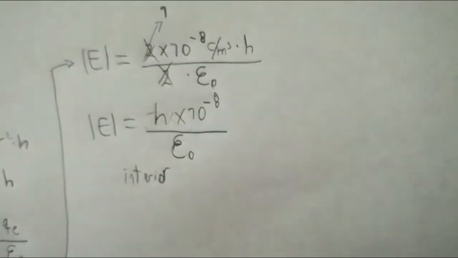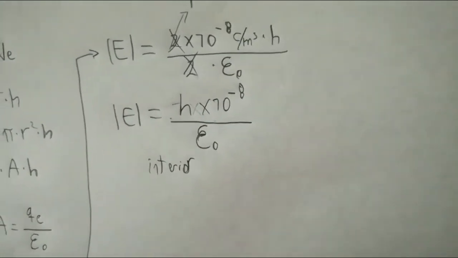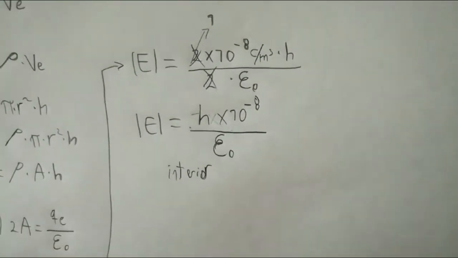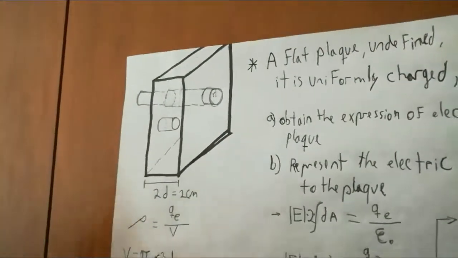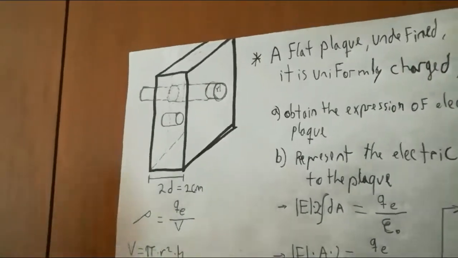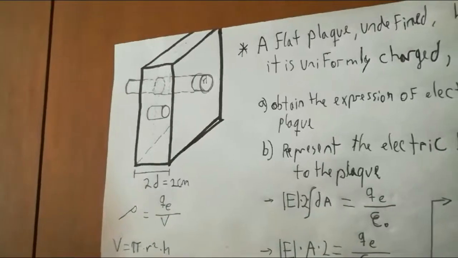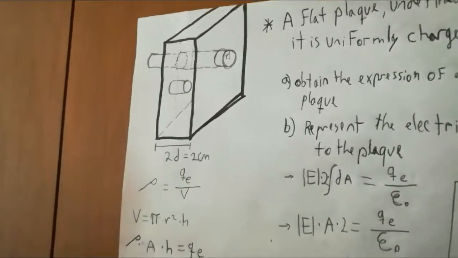We're only going to leave it expressed. Why? Because inside of the plate, the charge is going to change depending on the thickness of the place where we are going to measure the electric field.